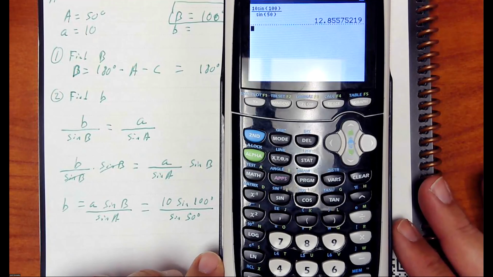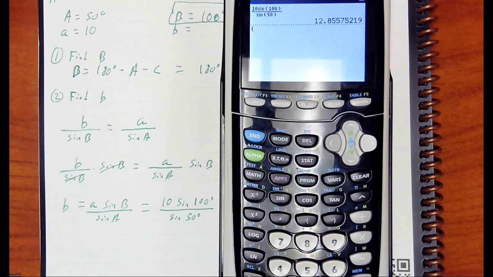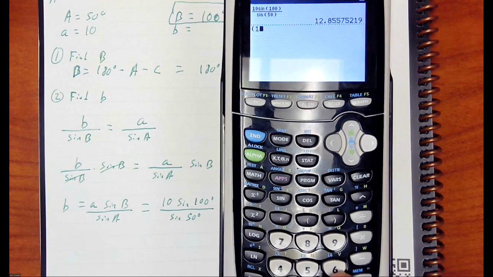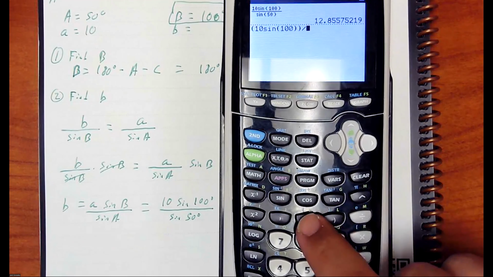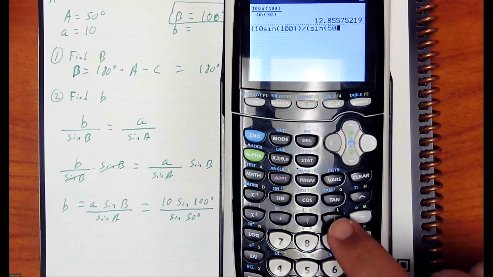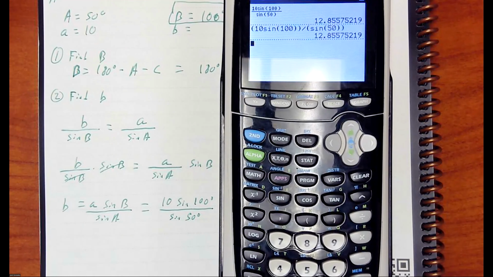If you don't have a newer calculator, put parentheses around everything on the top, divided by everything on the bottom. If you do that, it will never mess up.